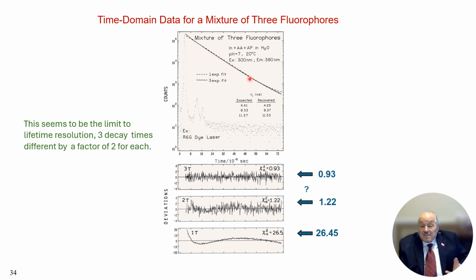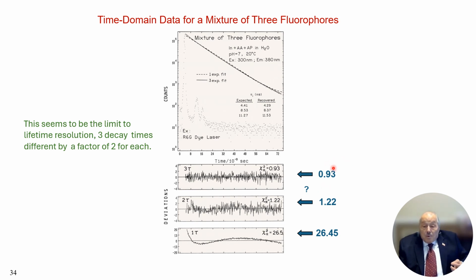It looks sort of single exponential, but the chi-squared is rather high. So you'll say, no, it has to be more complex than that. You analyze it with 2 lifetimes, and you get a quite reasonable chi-squared. And then you use 3 lifetimes, and you get about a perfect chi-squared.